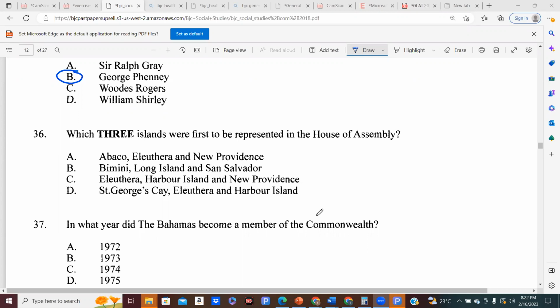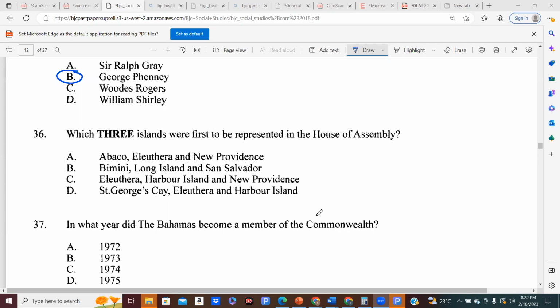Okay. Lanaya, what you thinking? A, B, C, or D? B. Okay, she's going with Bimini, Long Island, and San Salvador.